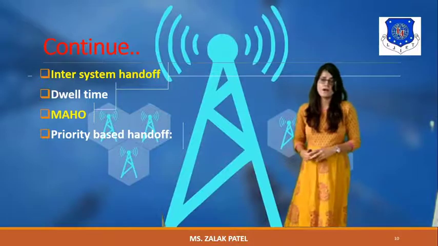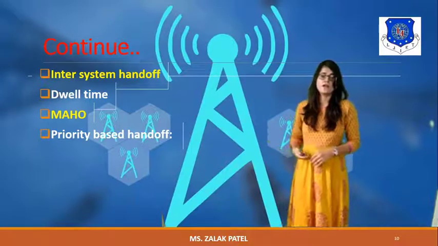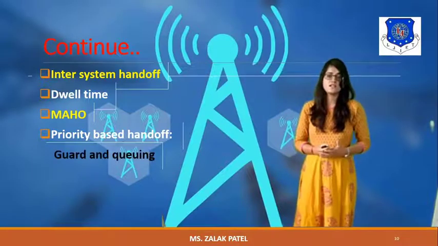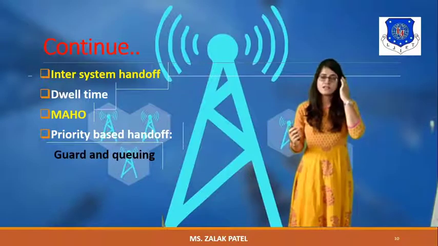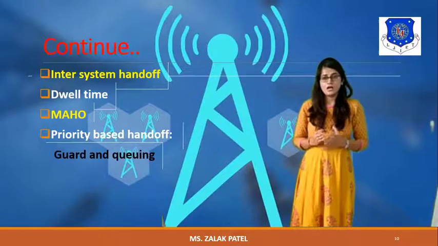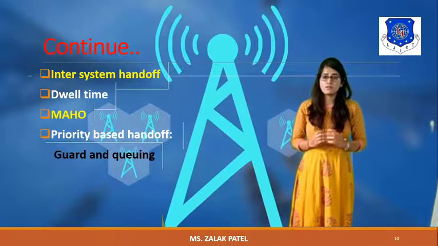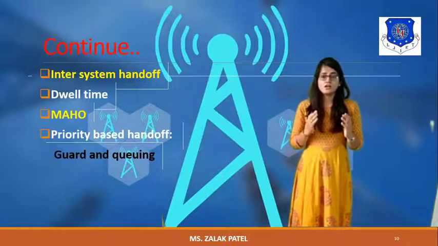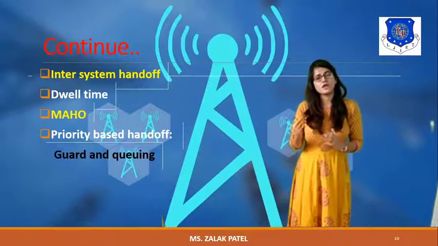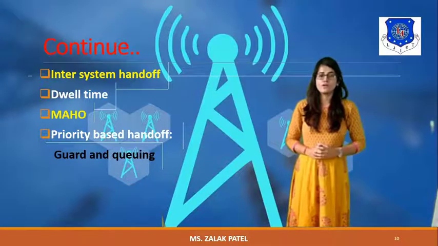In the case of priority based handoff, there are again two types: the guard channel concept and queuing. The guard channel concept is basically similar to fixed channel assignment. In fixed channel assignment, a set of channels is predetermined and associated with a particular set of channels.